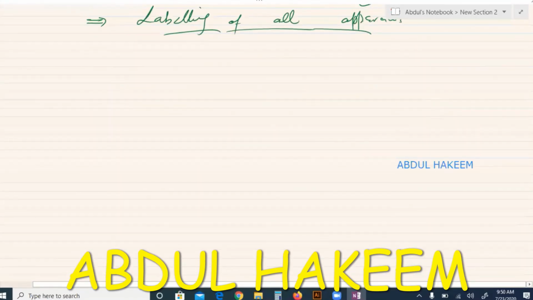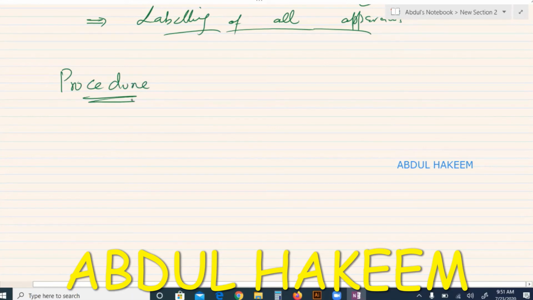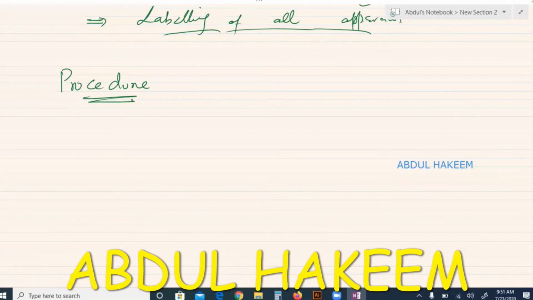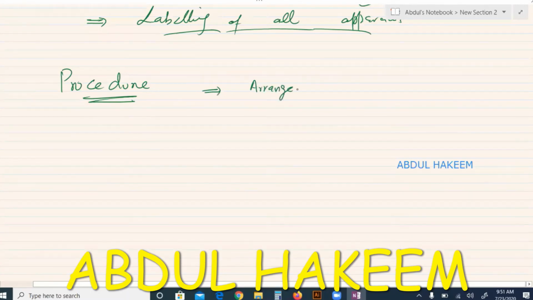And after this, the next heading is procedure. So it means we have to give words to this experiment, we have to describe how to perform the experiment. So first, we will write a line about the arrangement of the operators.